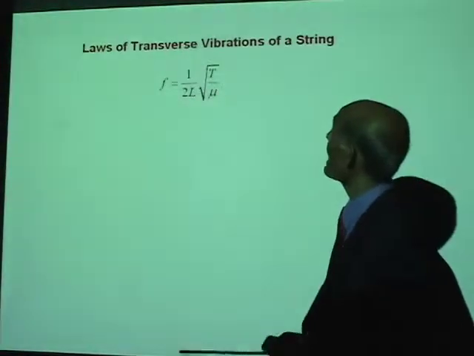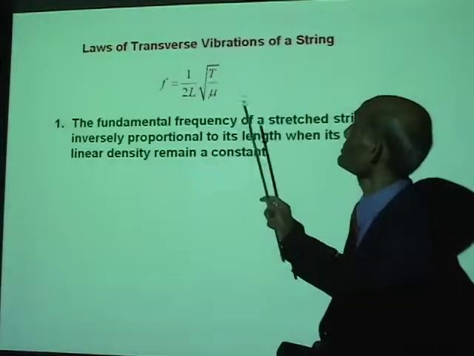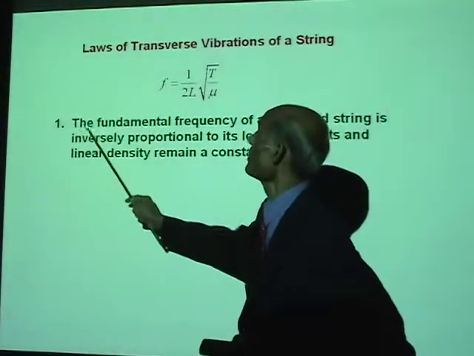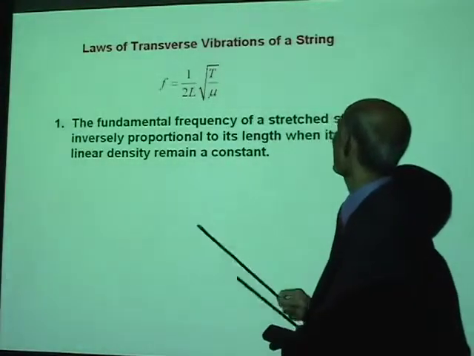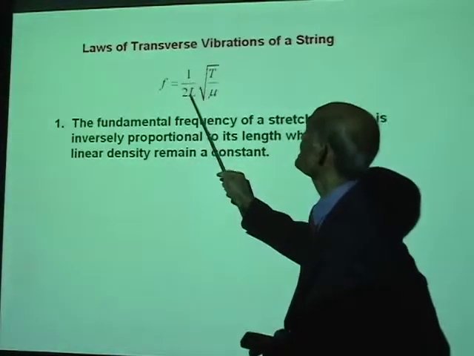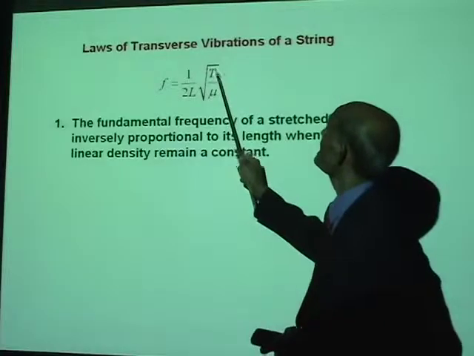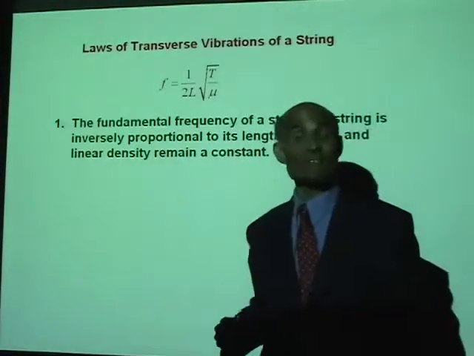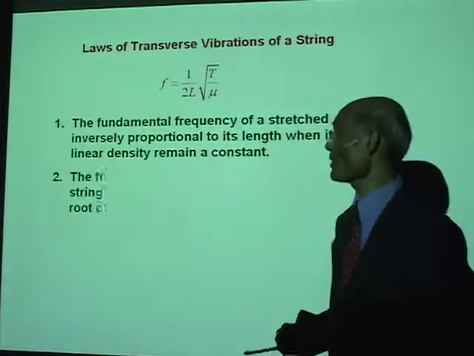Let's write all that down in our next slide. The first law: the fundamental frequency of a stretched string is inversely proportional to its length when T and mu are kept constant. That's the first law.